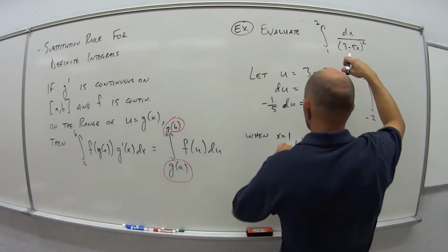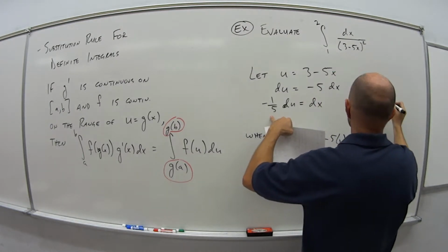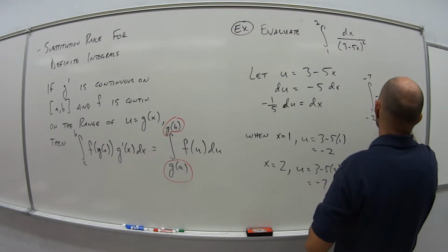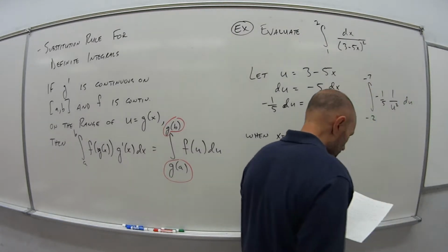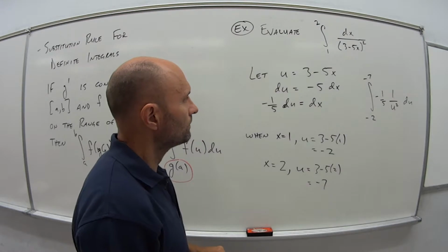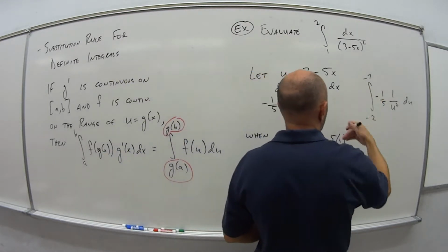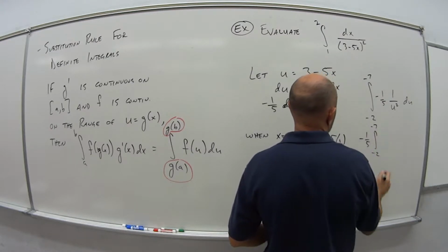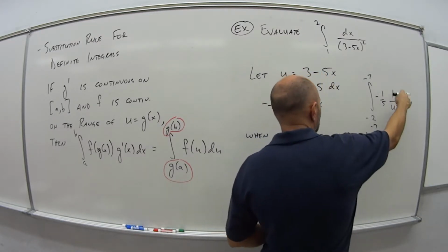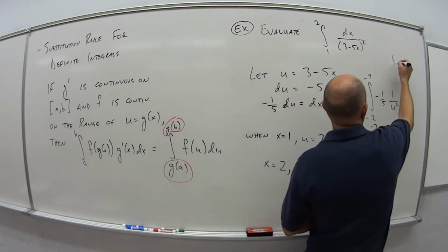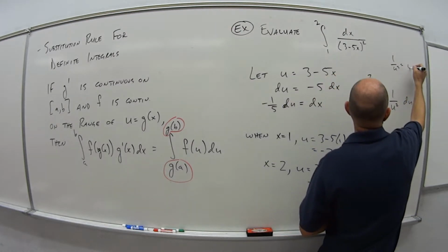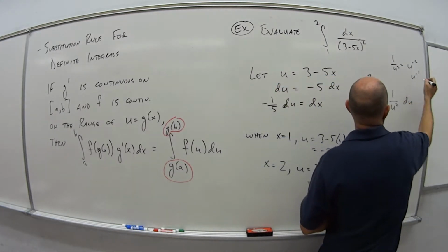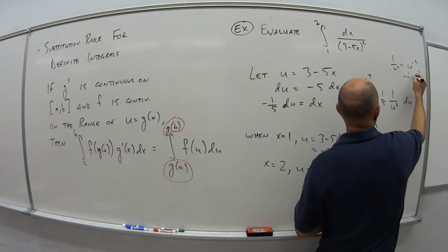So we rewrite this as negative 1/5, and then 1 over u squared du. So if I pull that negative 1/5 out, with limits negative 2 to negative 7, the integral of 1 over u squared is like u to the negative 2. So I add 1, u to the negative 1, and then divide the whole thing in front by that.